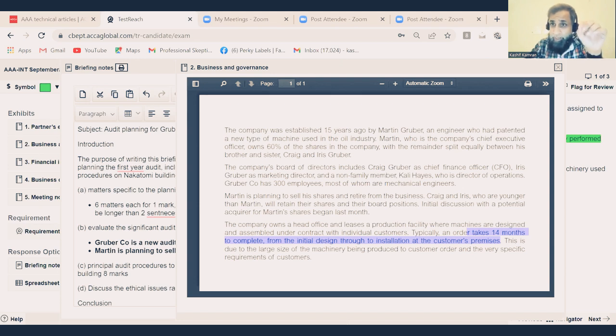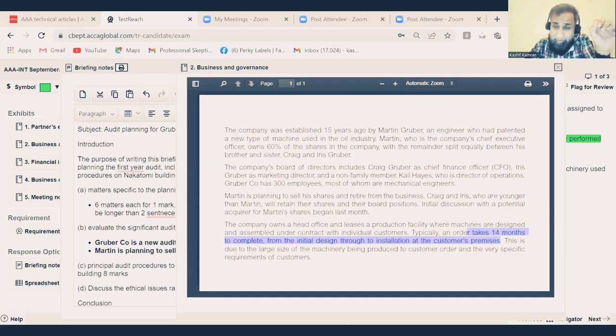Timing of recognition, cutoff. When will you recognize revenue? So do you all agree that there is a big risk in revenue? Timing of recording revenue, is that a complex area? And anything which is complex is significant?